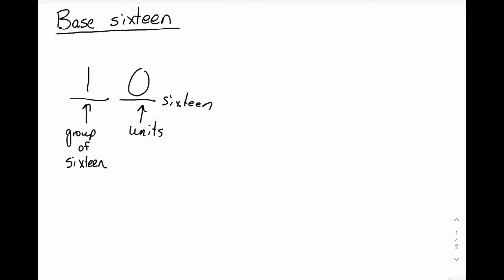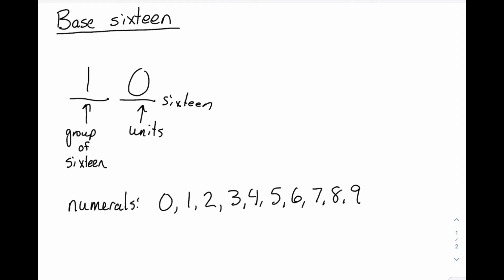This presents a challenge because when we have 10 objects, we cannot represent it with 1, 0, because 1, 0 in base 16 represents 16 objects. So when we look at the numerals that we use, we start with 0 through 9, but we can't put 10 next because 1, 0 represents 16.